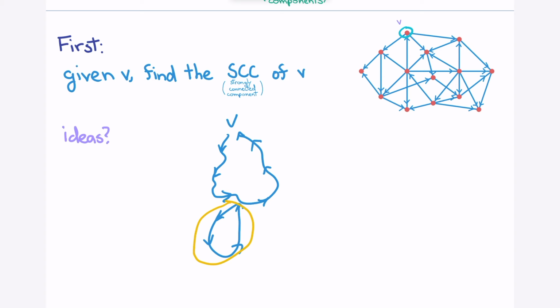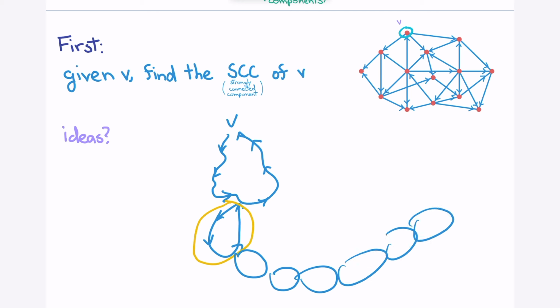Okay, so can we just fix this with another DFS? I'm just going to chain a bunch of these together. Now I get some cycle, but there's some other cycle hanging off.